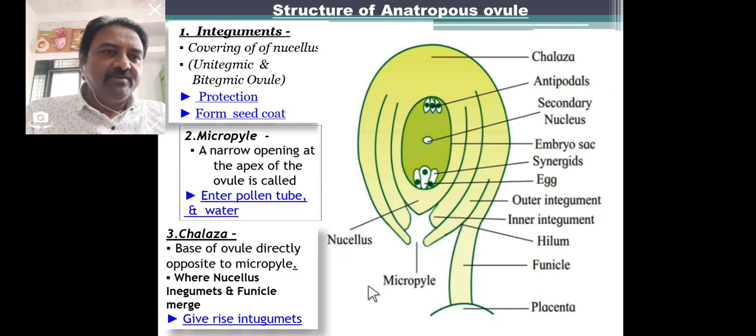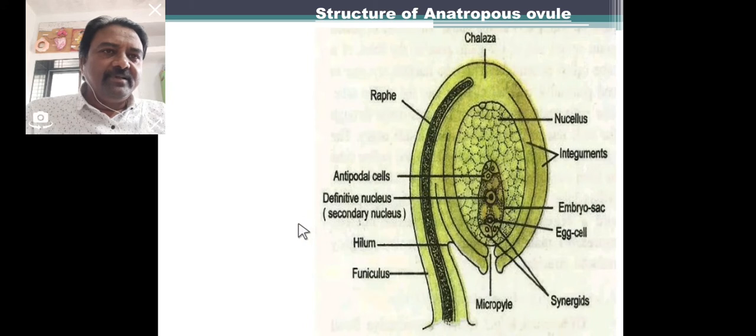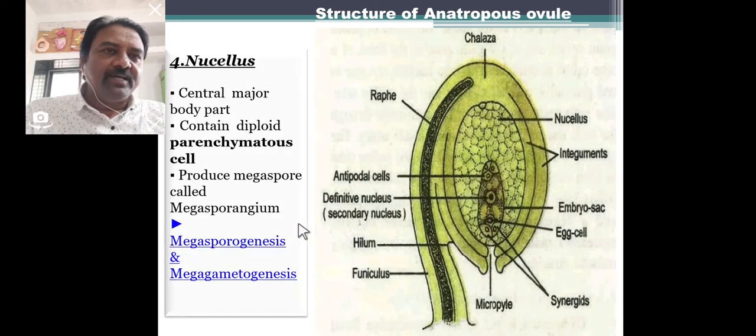Now the fourth part of the anatropous ovule is known as the nucellus. In the anatropous ovule, this part is known as the nucellus. It is an oval-shaped, large part containing parenchymatous cells.